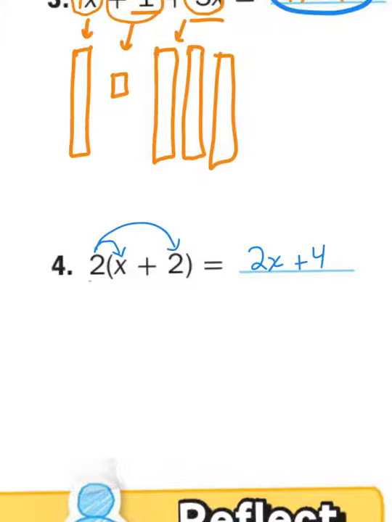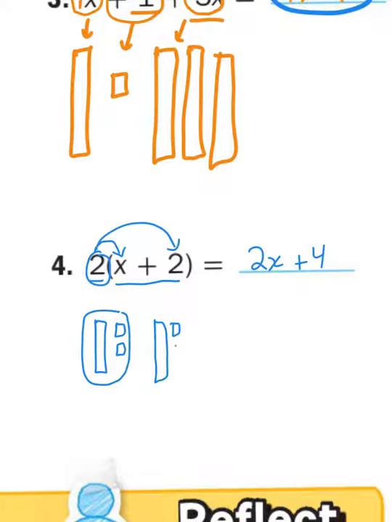Now remember, this means 2 times x plus 2 means 2 groups of x plus 2. So here's my x plus my 2. Remember, there's 2 groups of that though. So there's one group of x plus 2, and here's my second group of x plus 2.